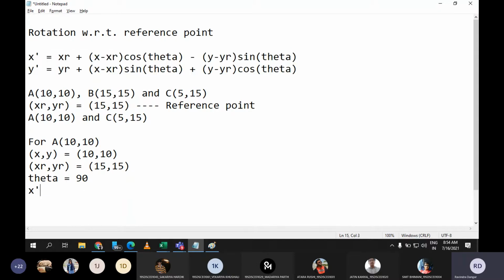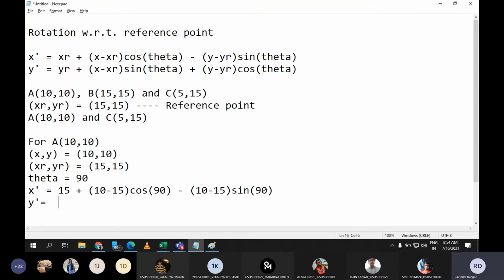For this point, x dash is equal to xr, which is 15, plus (x minus xr), which is 10 minus 15, times cos 90, minus (y minus yr), which is again 10 minus 15, times sin 90. Is it fine?